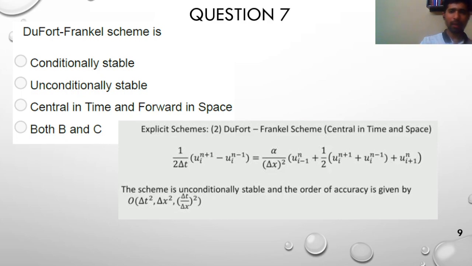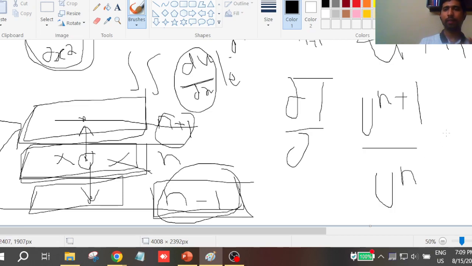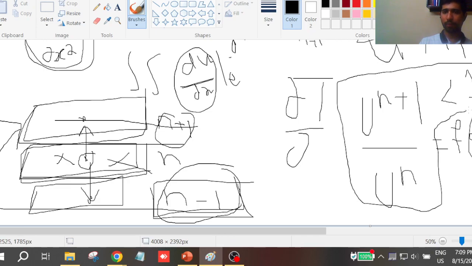What is meant by unconditionally stable is that u at n plus 1 divided by u of n, given any delta t values, because ultimately in this expression you will end up with a function of alpha delta t by delta x square, is always less than 1 for the Dufort-Frankel scheme. That is why you say it is unconditionally stable. It is always less than 1 whatever delta t value you select.